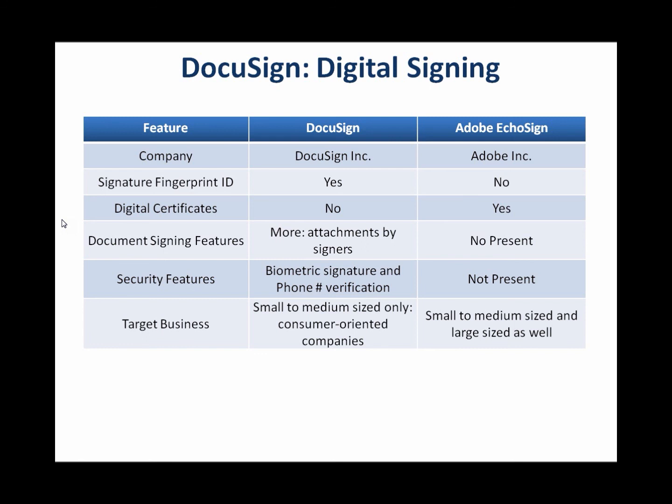DocuSign supports more security features as well, like biometric and phone verification, which are absent in EchoSign. The target business for DocuSign is small to medium-sized companies only, like consumer-oriented companies and insurance companies, and for EchoSign, the target is large-sized companies as well, because they support digital certificates as well.